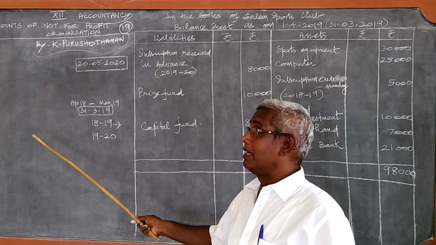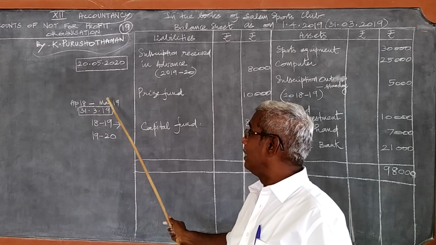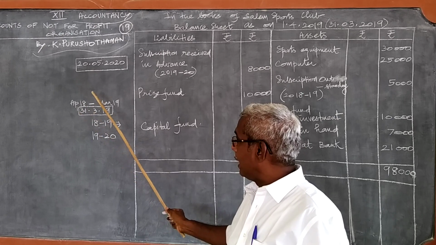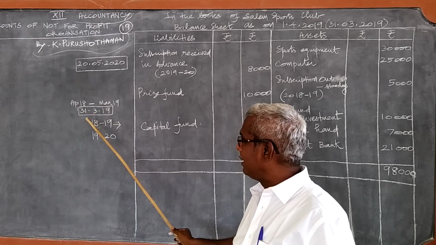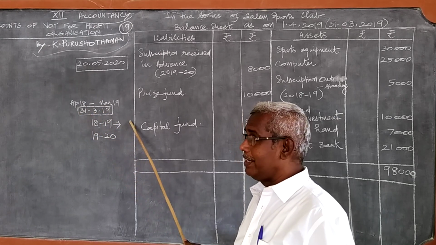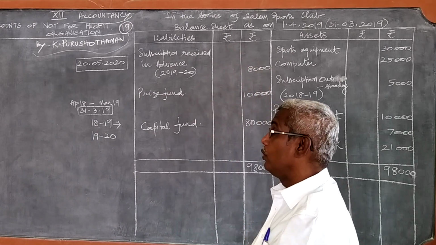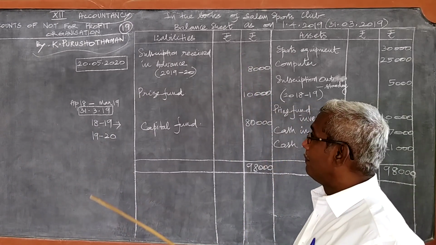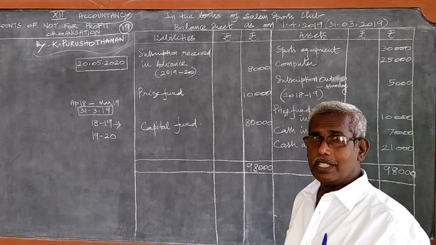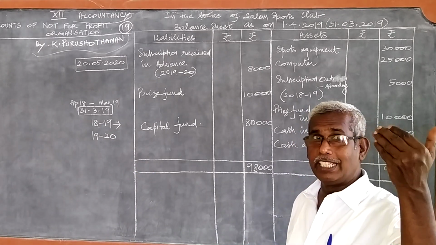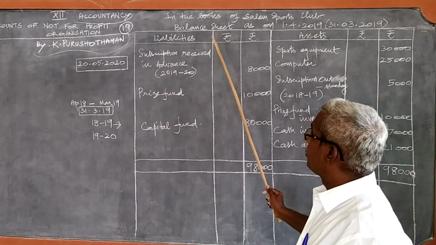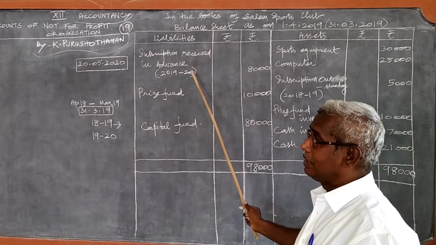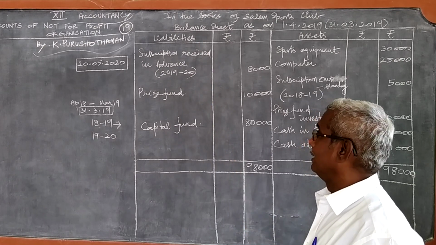The accounting year begins in April and ends in March, which can be written in short form as 18-19. This 18-19 is the current accounting year. If any amount is received for 19-20, this is the subscription received in advance. Subscription received in advance is a liability, so it is written on the liability side.